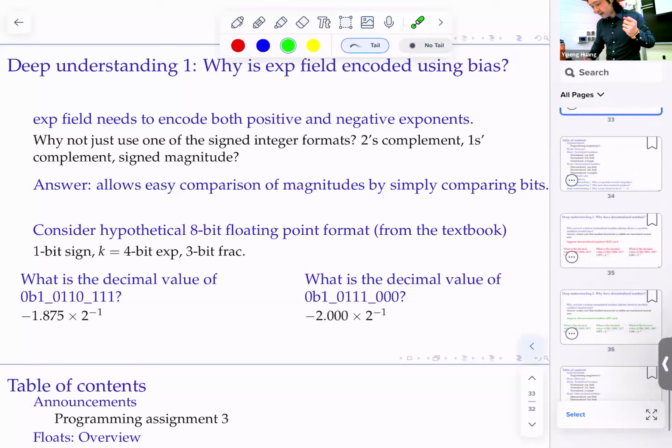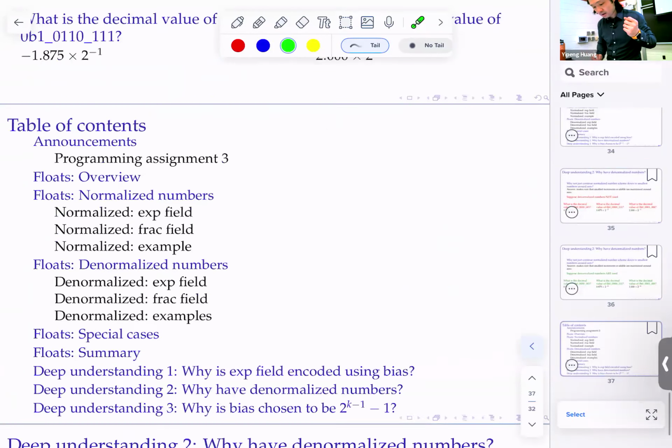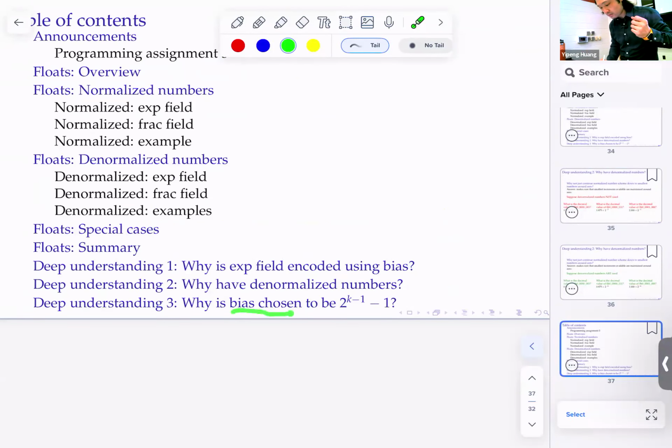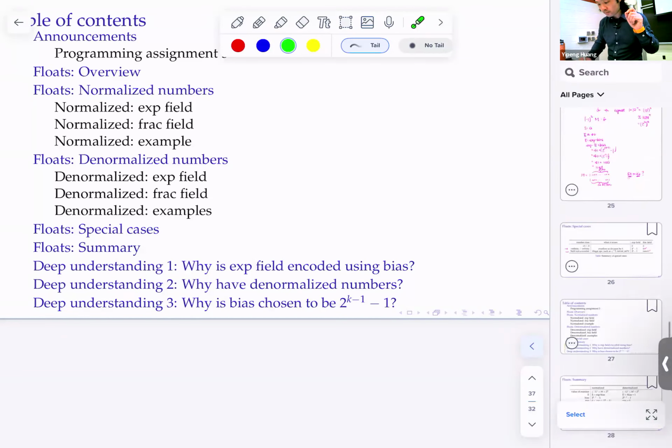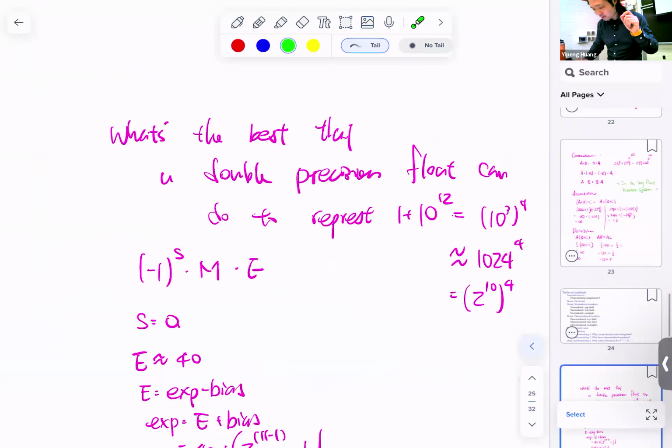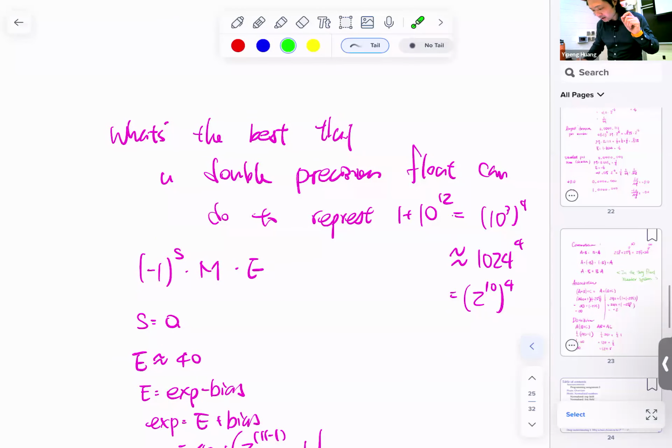And then the kind of final subtle thing I wanted to talk about is, we didn't get to this. I'll use 20 seconds to say this, which is, why is bias designed to be this, right? This should jump out to you to be a magic thing, right? Why does the slide say that this is the rule? Well, the reason this rule is chosen to be this, we hinted at already, which is it's in order to preserve multiplicative inverse, right?